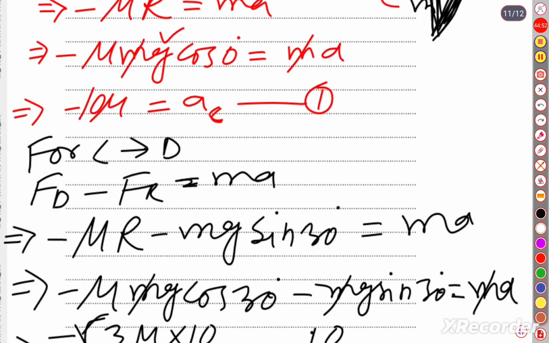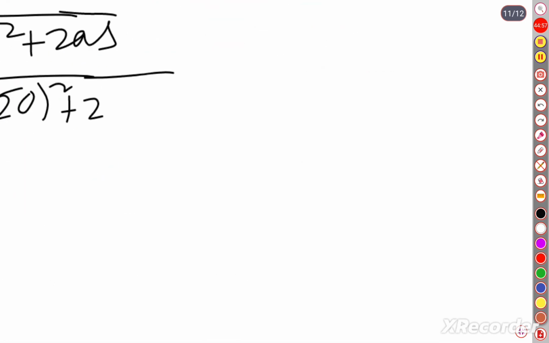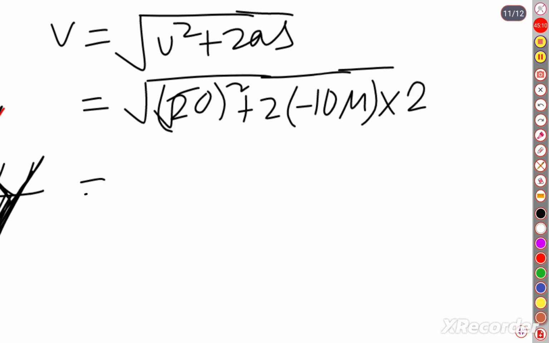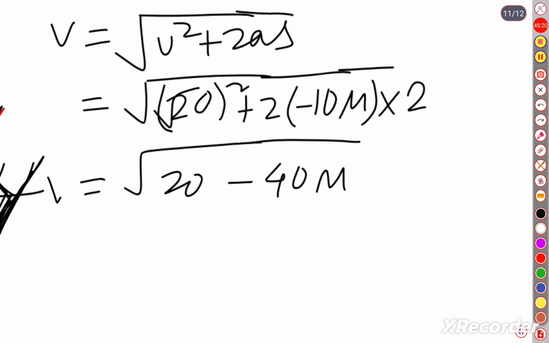At this point, the acceleration is negative 10 mu. So let us write negative 10 mu, and s, we know the magnitude of the surface is actually 2. So it is going to be square root over 20 minus 40 mu. 20 minus 40 mu is the velocity at which point? Velocity at point C, the final velocity at point C.